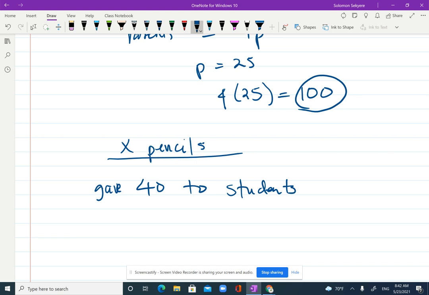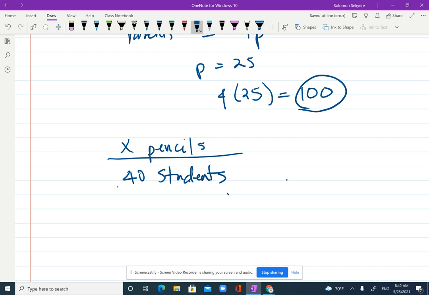Let's do this: you have X pencils and 40 students in the class, and the teacher divided the pencils equally among the students.